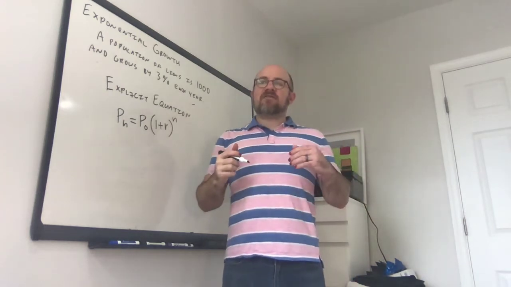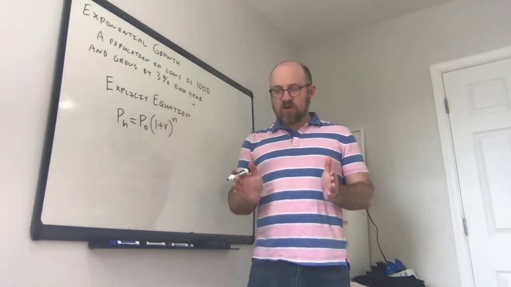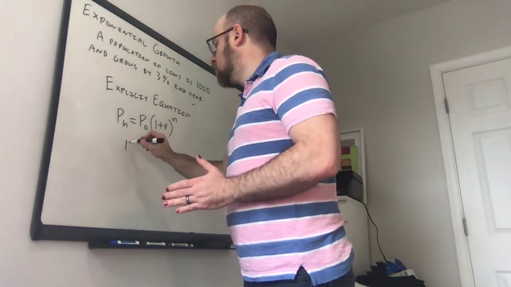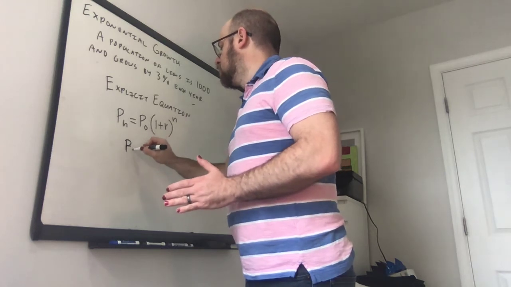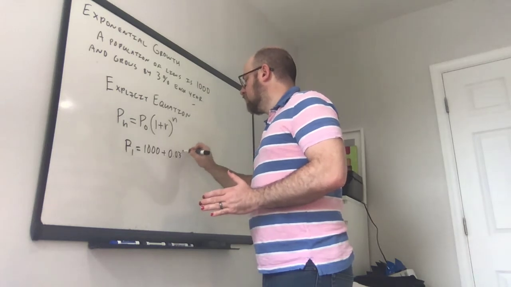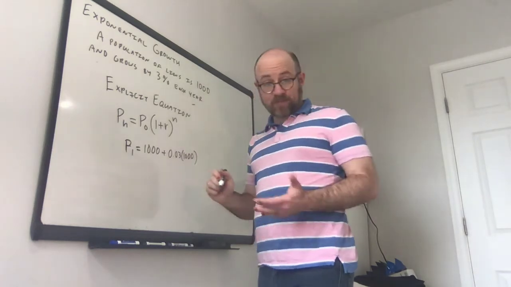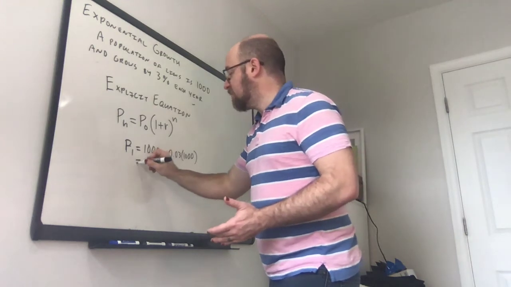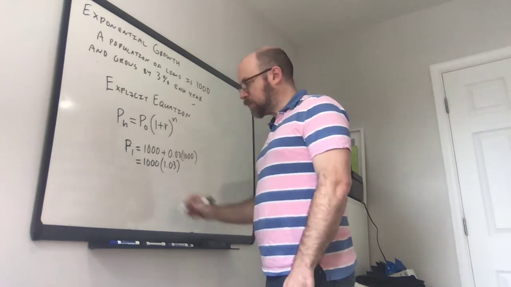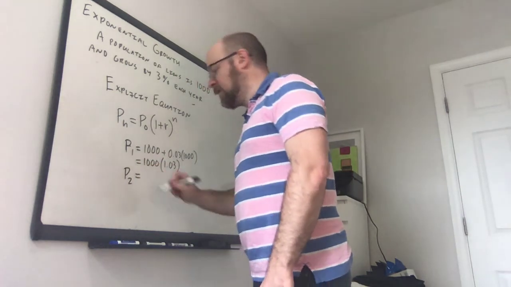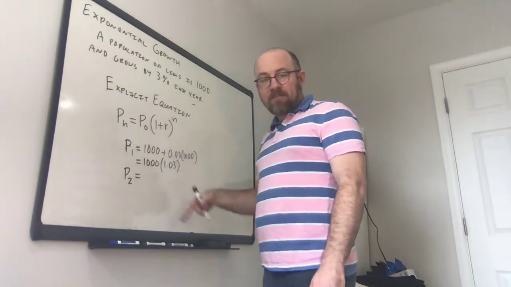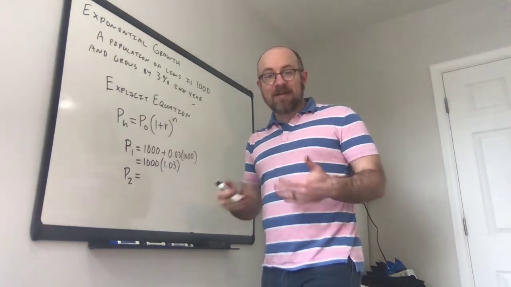And that's because if you think about what happens with your growth, right? We started at 1,000, so p sub 1 was 1,000 plus 0.03 times 1,000, 1030, right? That's how we got it. Well, that's the same thing as 1,000 times 1.03. If you want to go to the next year, p sub 2, you're going to take this value and multiply it by 1.03 again. Multiply it by the same multiple.